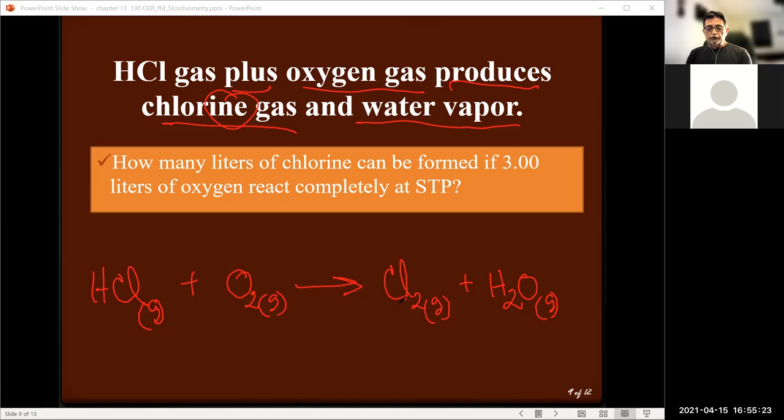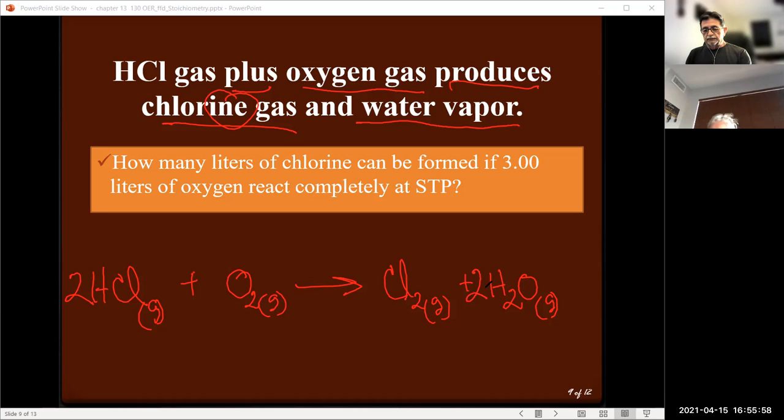We got two chlorines over here on the right. Maybe if I put a 2 in front of HCl, yes, that balances my Cls, but that kicks up my hydrogens. I got 2 already, so my hydrogens are okay. However, I got 2 oxygens on the left and only 1 on the right. So what if I put a 2 here?